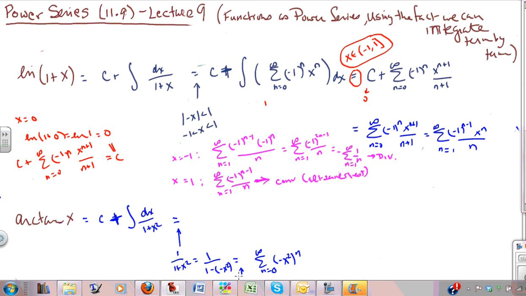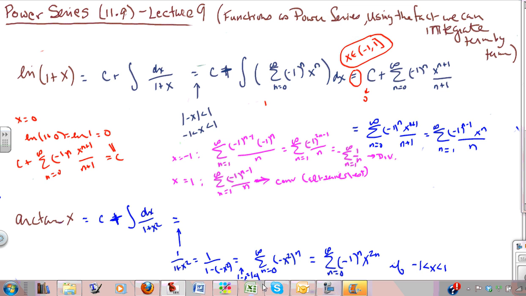This is if the absolute value of negative x squared is less than 1. So this is going to be the sum from n equals 0 to infinity of negative 1 to the n, x to the 2n. That's if the absolute value of negative x squared is less than 1, which is the same thing as negative 1 less than x less than 1.